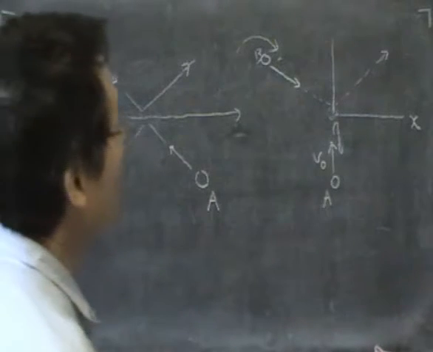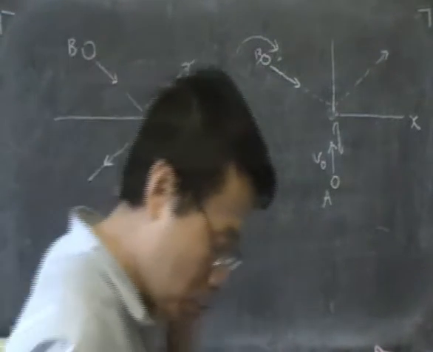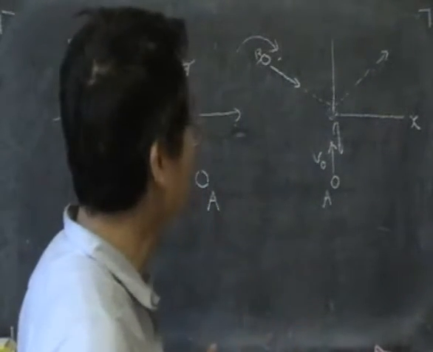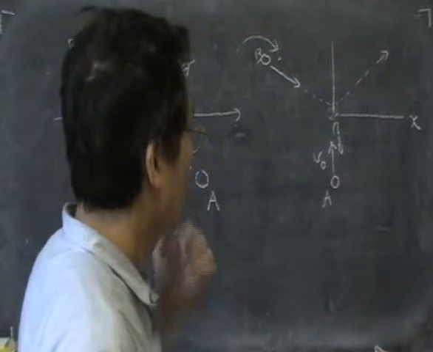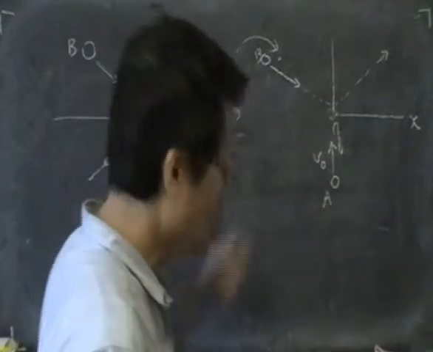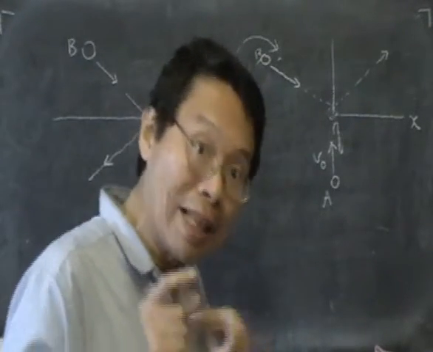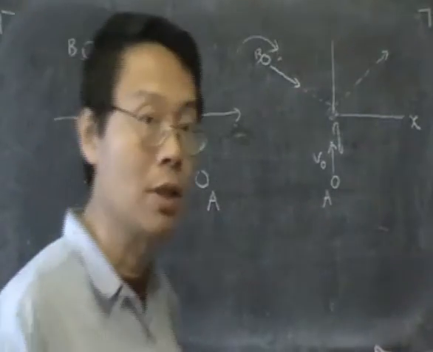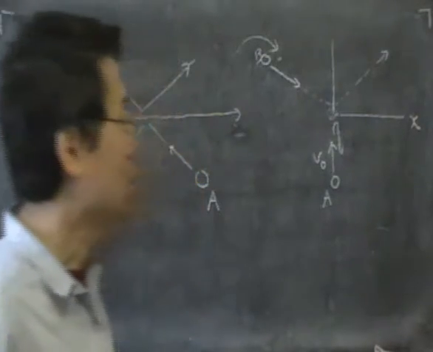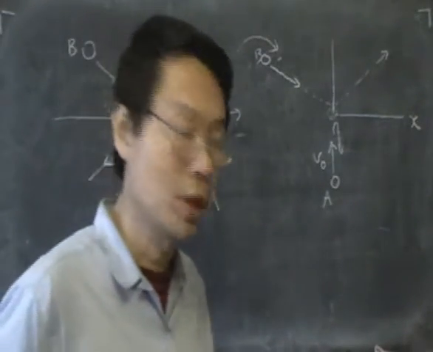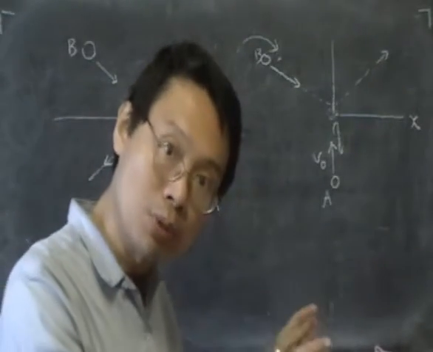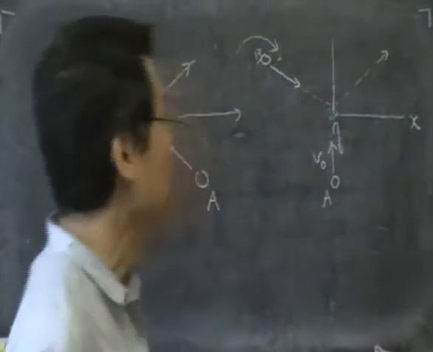Now, what we want to do is look at the momentum of the two balls before and after collision to check if they are the same. Because from what we understand from Newtonian mechanics, momentum is conserved. The total momentum should be the same before and after collision.